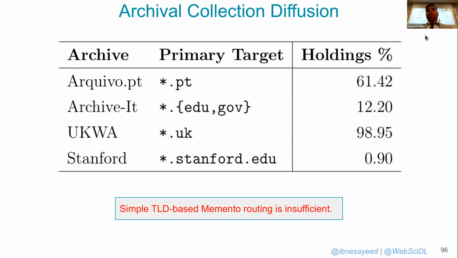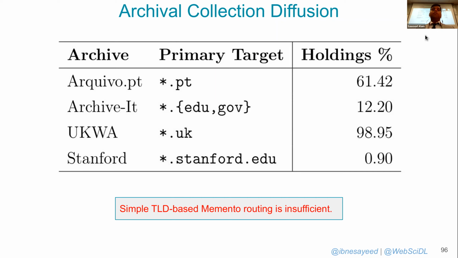One thing we looked at is how archival collections diffuse over time. ArquivoPT, being a Portuguese web archive, we would have thought they'd have more .pts, but only 61% of holdings belong to .pt. Archive-It is a subscription service where libraries and educational institutions are members, so we thought .edu and .gov were good candidates there.